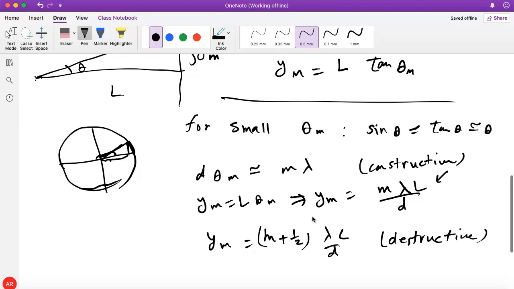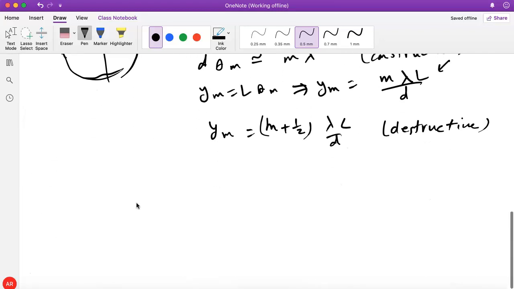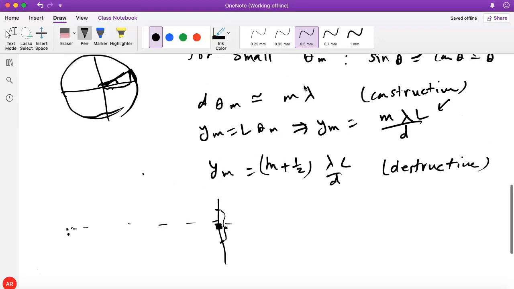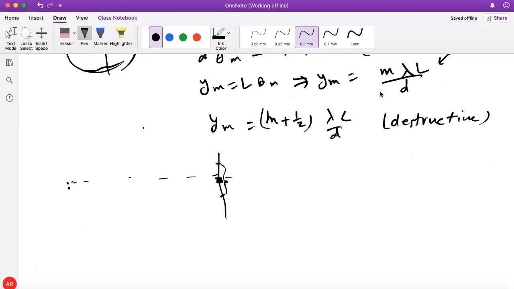So in the limit of small angles, if you have these fringes, let's say, again, the screen is here, the sources are there, you're not going too far. You're looking kind of close to the center. So there's going to be always a bright spot in the center. The distances are the same to the center, just because of symmetry. And it also applies to the m equals 0 case of constructive interference.